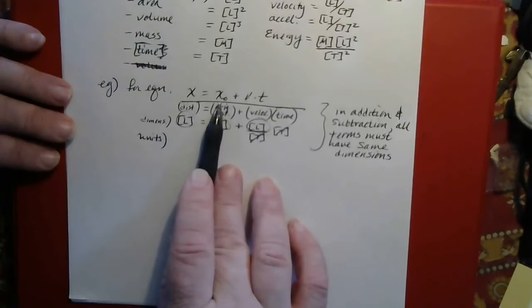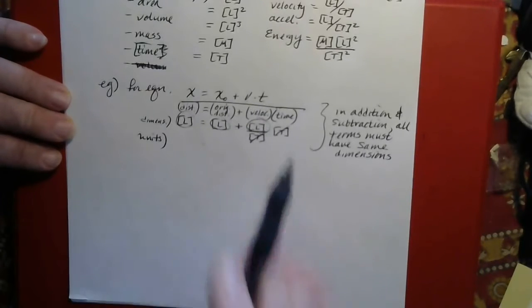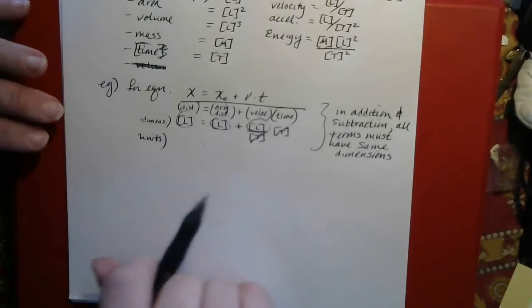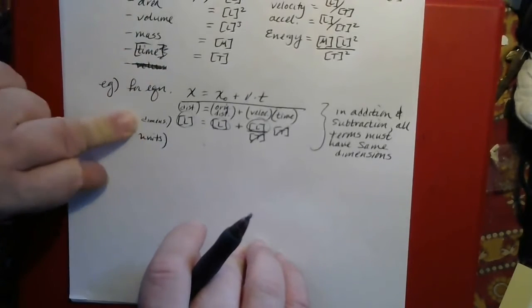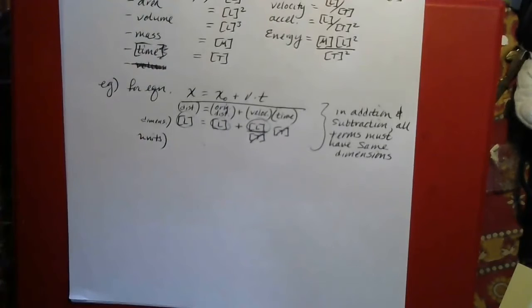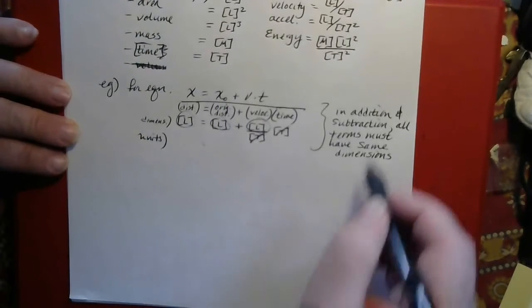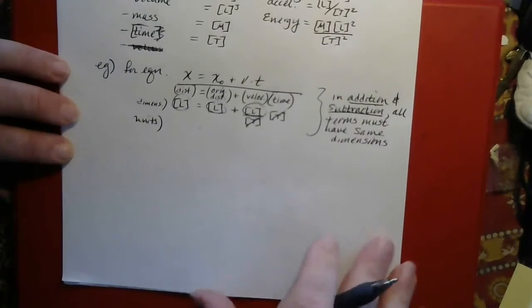What if X original is given in meters and this V times T comes out to be centimeters? Well, you can't add those together. They have to be the same units. So when you look at units instead of dimensions, units are more specific. And by making sure the units are the same for addition and subtraction, you can make sure that you're right.